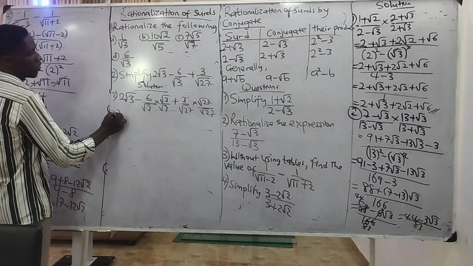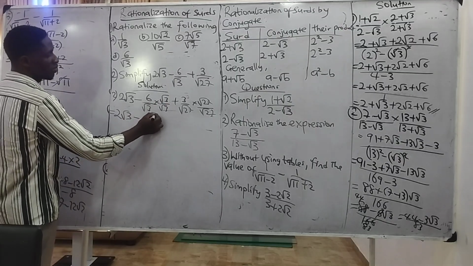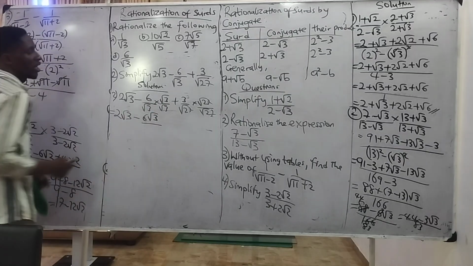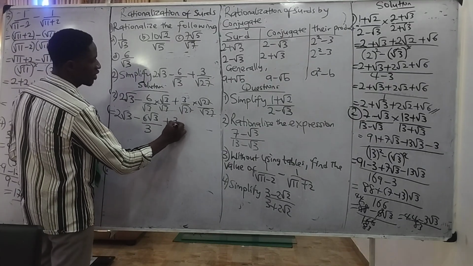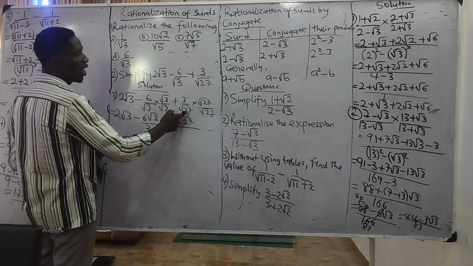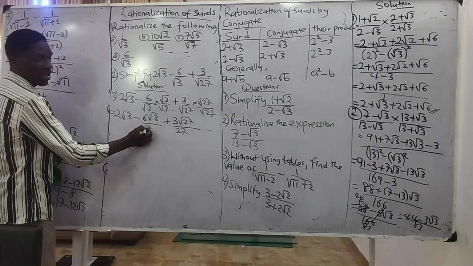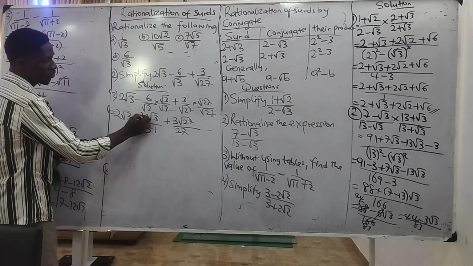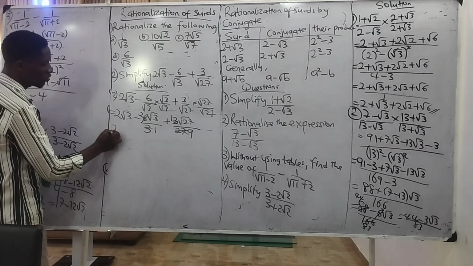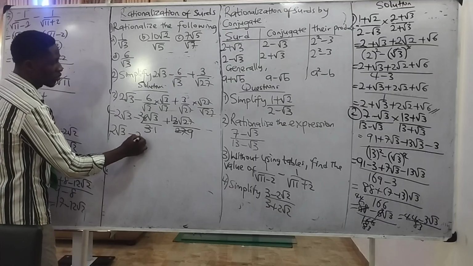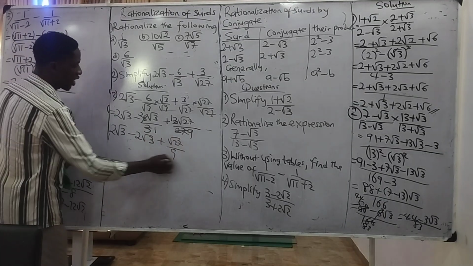So we have 2 root 3 minus 6 times root 3 is 6 root 3, all over root 3 times root 3, which should give you 3 because the numbers are the same. Plus 3 root 27 over root 27 times root 27 is 27. So 3 here is 1, 3 here is 2, 3 here is 1, 3 here is 9. So we are left with 2 root 3 minus 2 root 3 plus root 27 over 9.